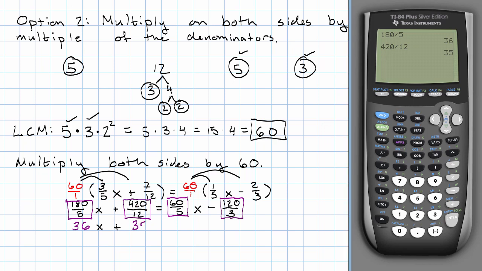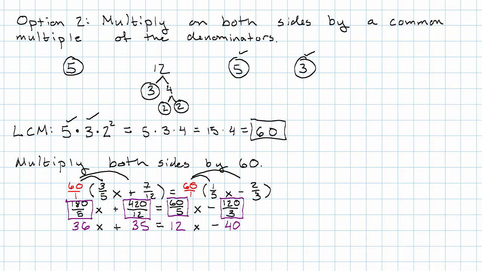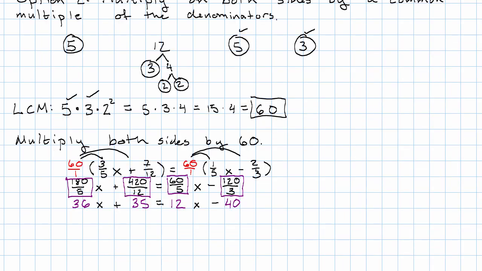So I'll have 35. 60 divided by 5 is 12. So I'll have 12x. 120 divided by 3 is 40. The advantage here is that now, for the rest of the solving process, we can do integer arithmetic. The disadvantage, of course, is all of the work involved in getting here.